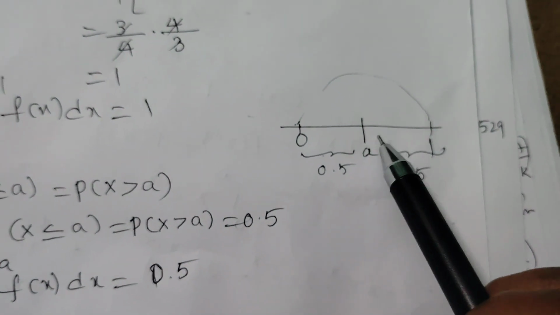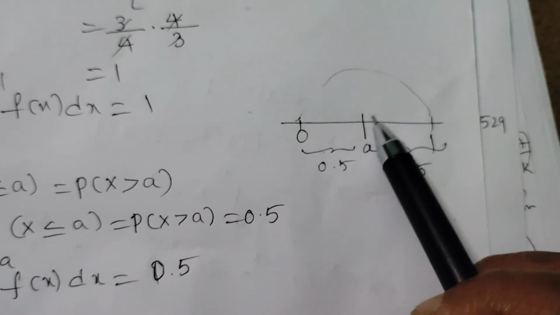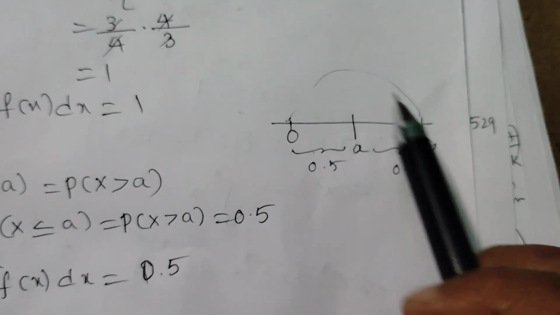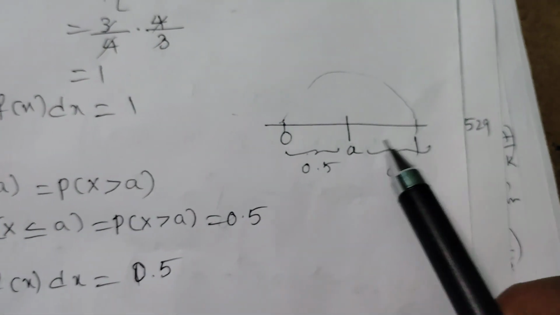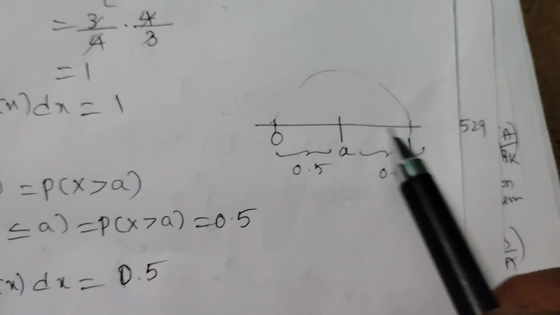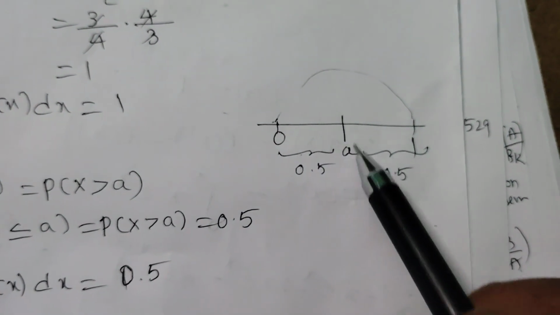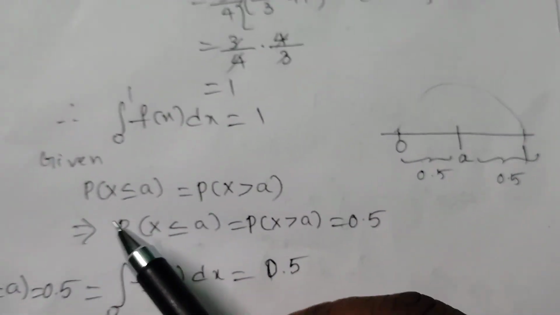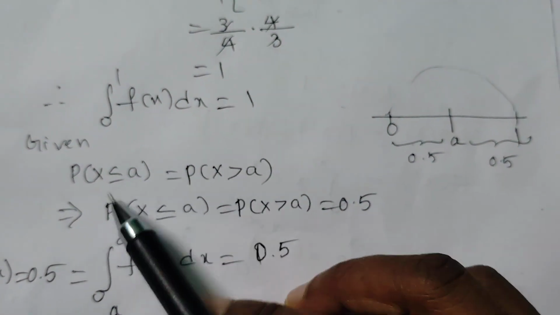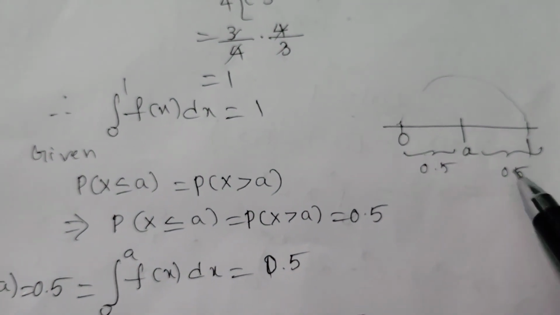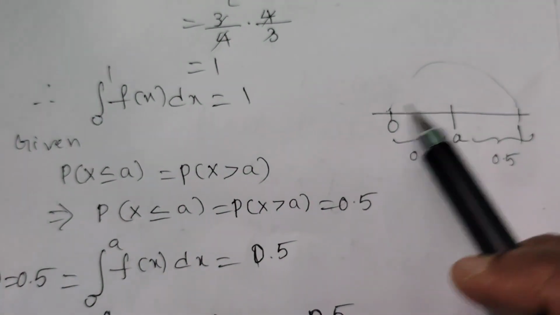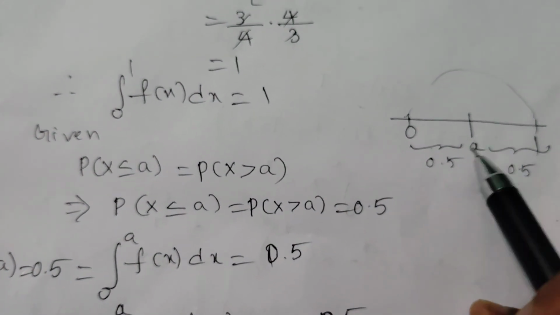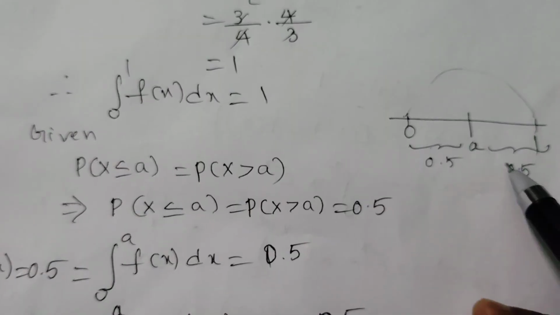If I take a exactly in the middle, then half of the value is 0.5, and we get the area the same. So at what value of a do these two values become 0.5, we need to find out.